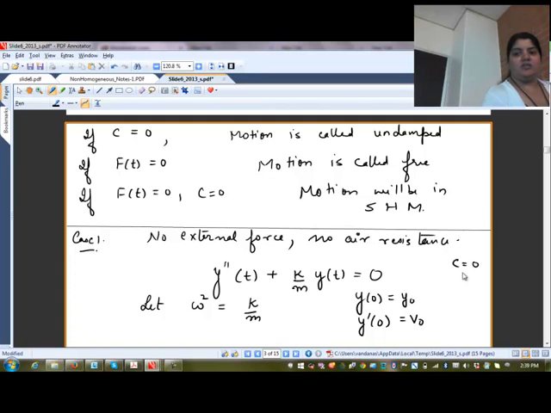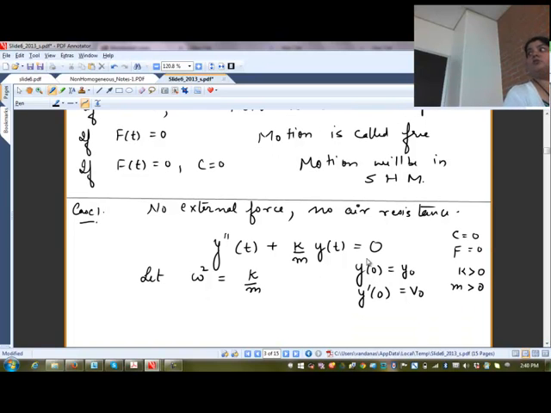Here we are assuming c is 0, f is 0, k positive, m positive. Sometimes I write capital M and sometimes small m. In this context they are the same. Sometimes I just forget, but they are all the same here. So how will you solve this differential equation? You have y double prime t plus omega square y t equals 0.